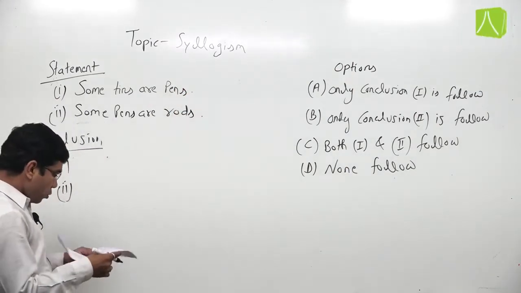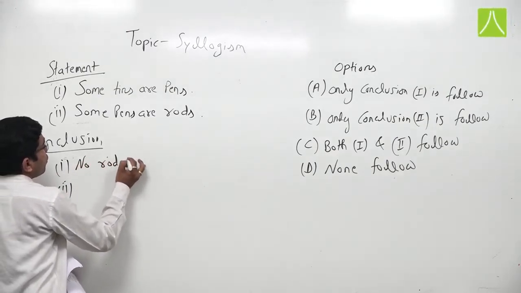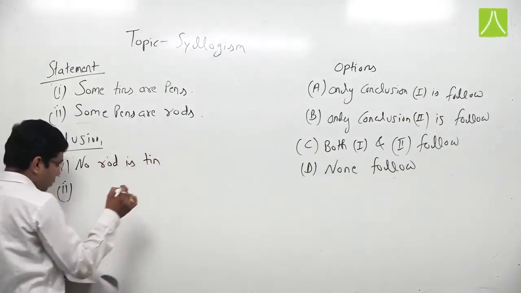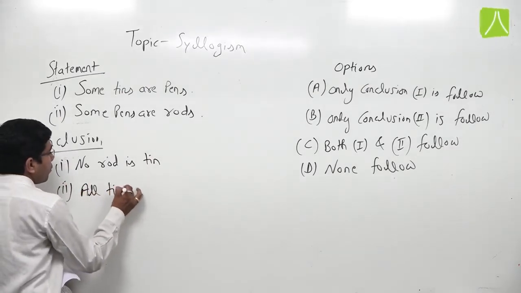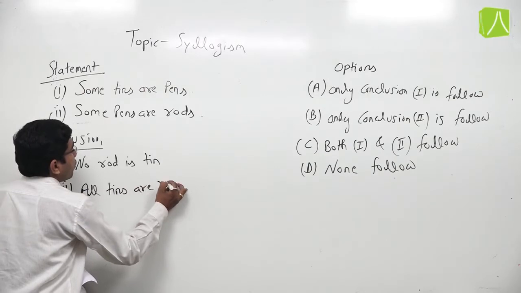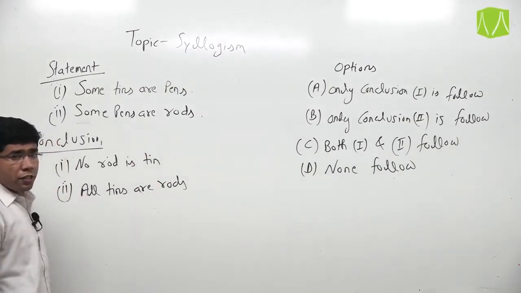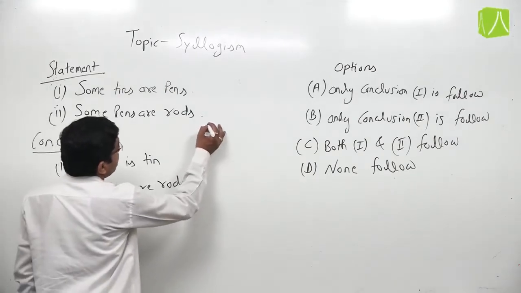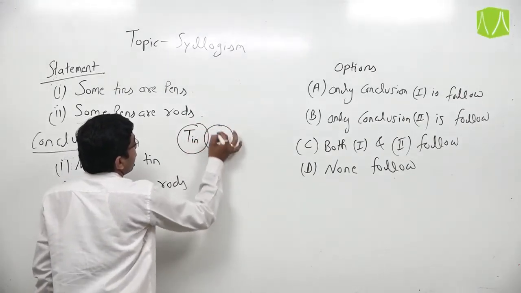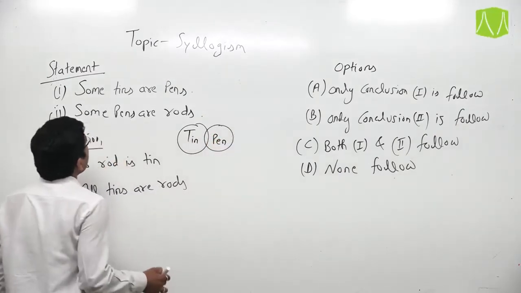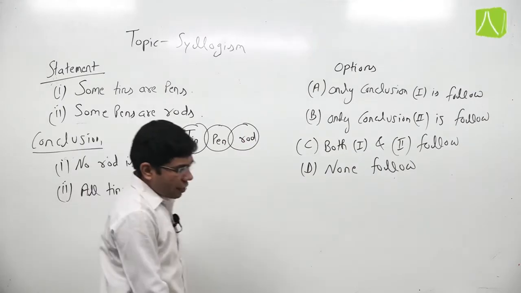On the basis of these two statements, we have to find two conclusions: first, no road is tin, and second, all tins are roads. Now first we make the basic diagram. Some tins are pens and some pens are roads. It is our basic diagram.